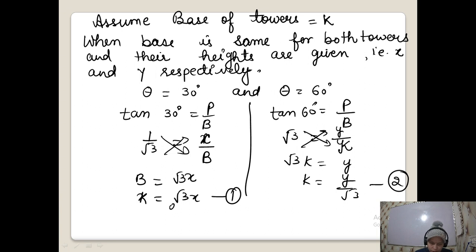Either you can write it like this: k over root 3 is equal to x, or y is equal to k root 3.